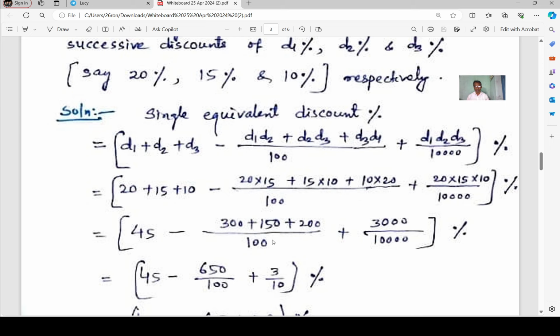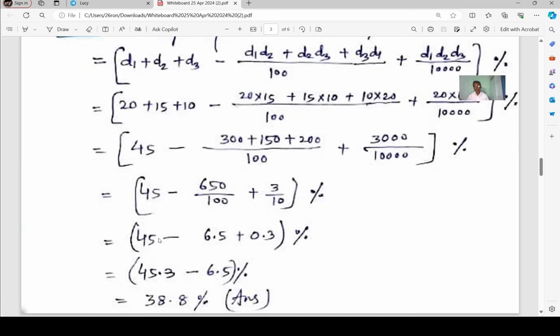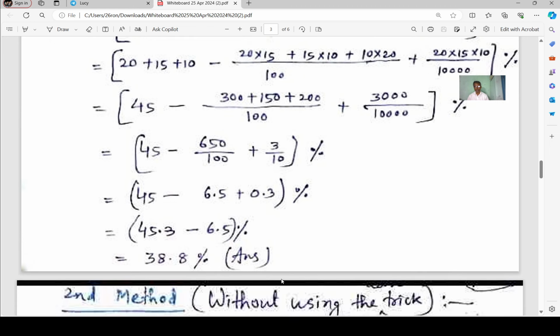So this amount, 650, divided by 100, plus 20 into 15 into 10 equals 3000 divided by 10,000. So the value will be 45 minus 650 by 100 plus 3 by 10. This is equal to 45 minus 6.5 plus 0.3, or 45.3 minus 6.5, and this is 38.8%.